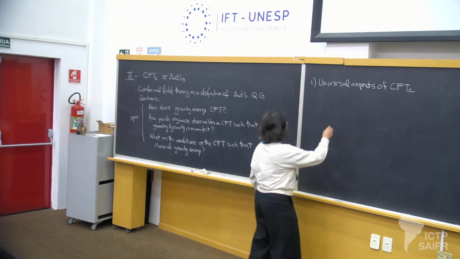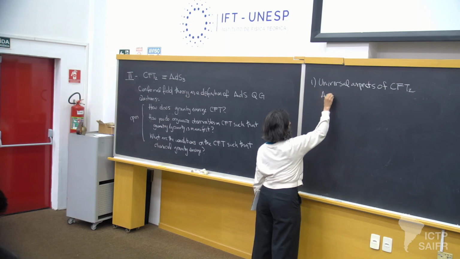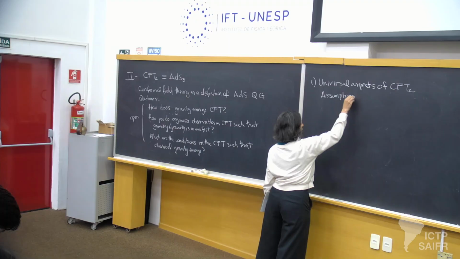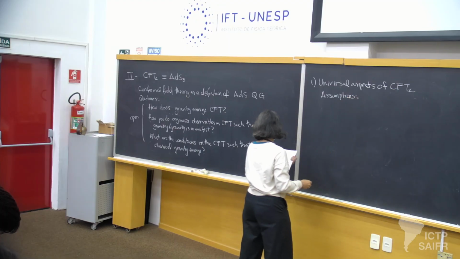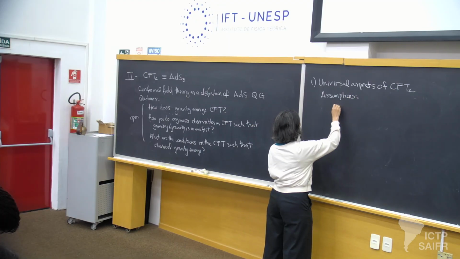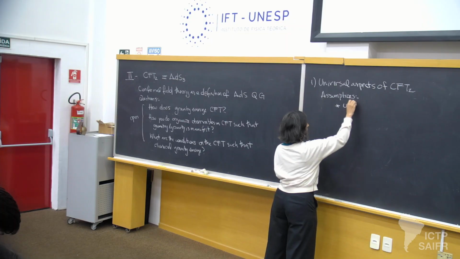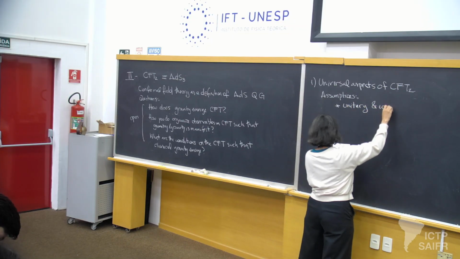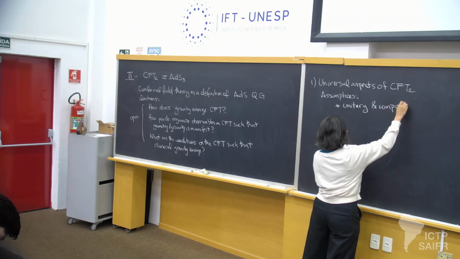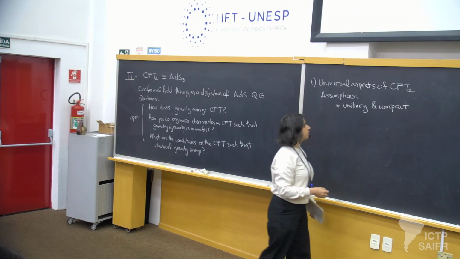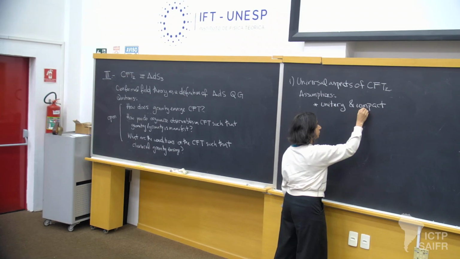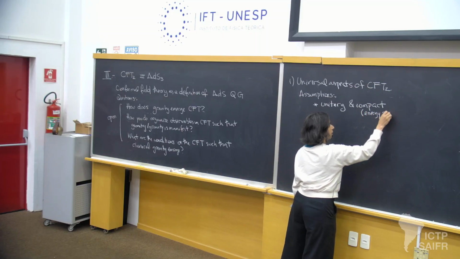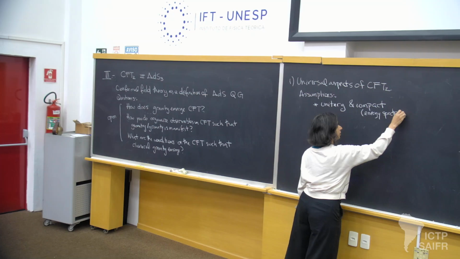My only assumptions in what I'm going to say in the following is that I want the CFT to be unitary and compact. Compact here means that the energy spectrum is discrete.